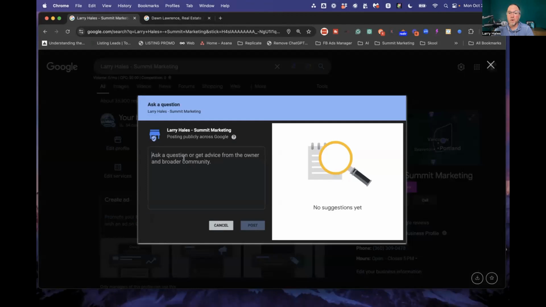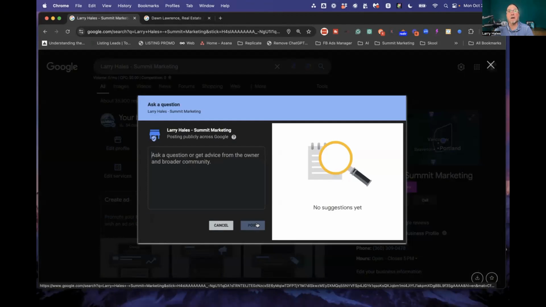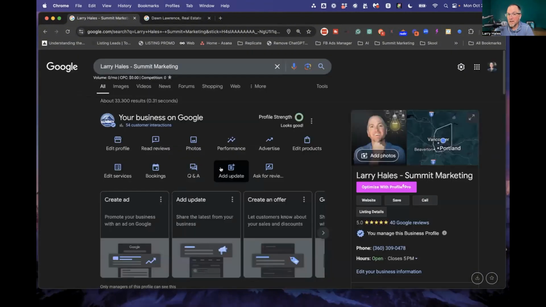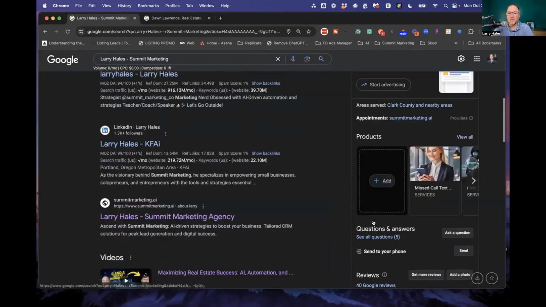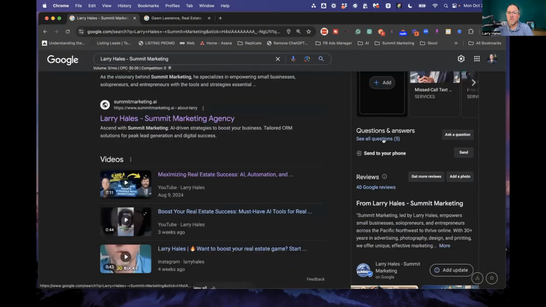This is the question. So I can put in the question here, hit the post button, and then go in and provide the reply to it. And what that means is nobody can see who asked the question. They just get to see that the question was asked and the question was answered. So that's how to effectively use the Q&A section over here on your Google Business profile.